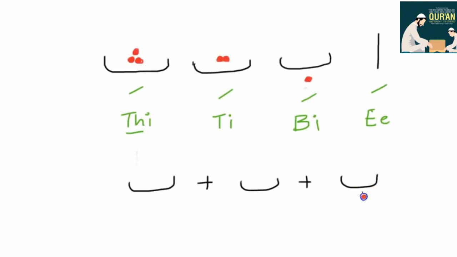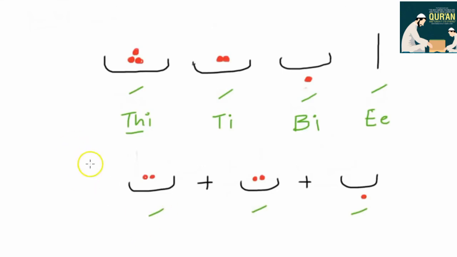So we have it like this, and each one has this line underneath. Okay, so how would we pronounce this? We would say bi, ti, ti.